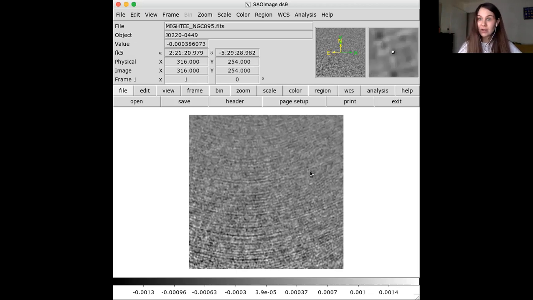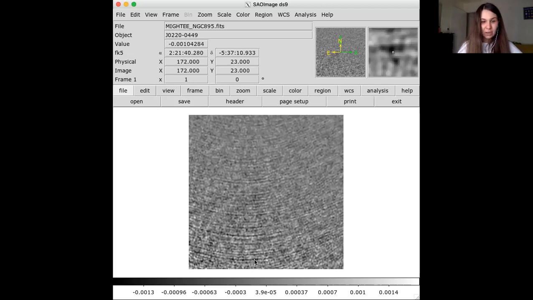However, there are many data reduction artifacts when dealing with H1 data and radio data in general. You can, for example, see here some stripes of residual noise, which make the map a little bit not homogeneous.